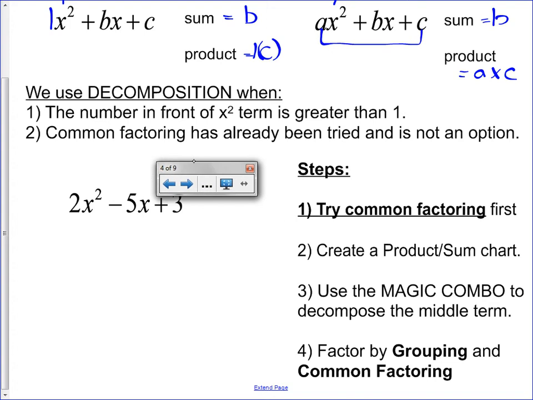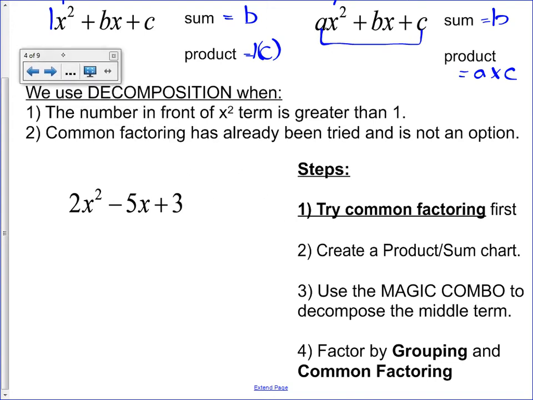So here's an example of 1. 2x squared minus 5x plus 3. You can't common factor any number out of that. That 2 has to stay there. So I'm going to create a product sum chart. I find two numbers that multiply to what? 6.